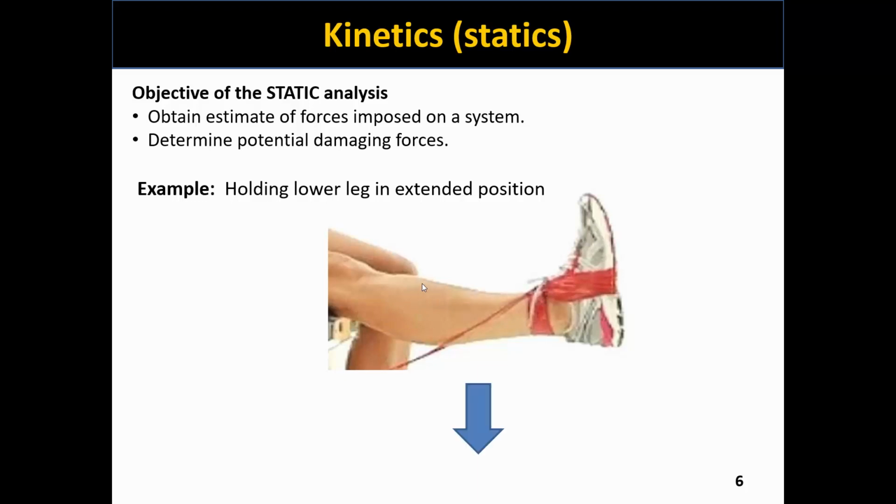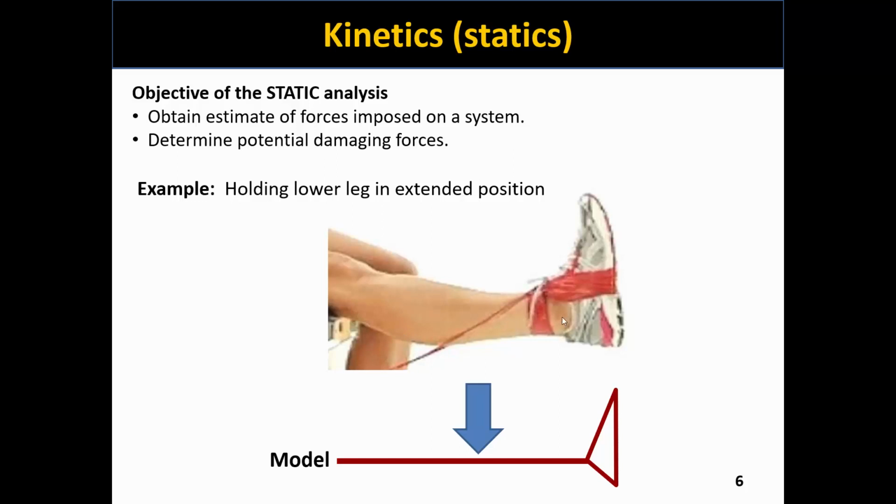So what we do is recreate what's called a model of the system. So here I'm just drawing a simple stick figure. I'm using a triangle to represent the foot.